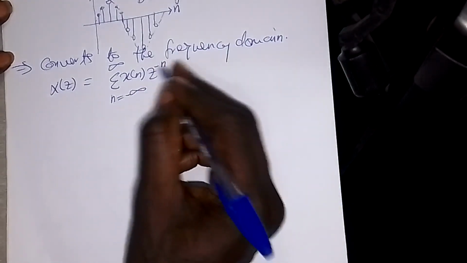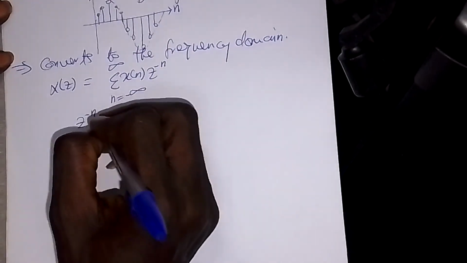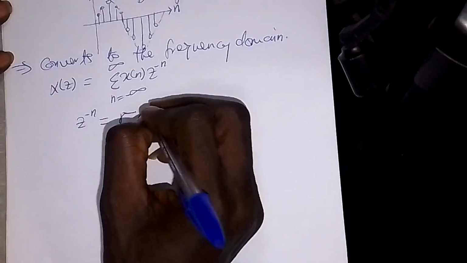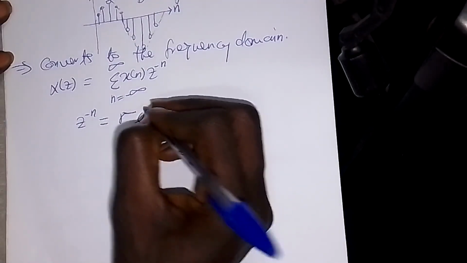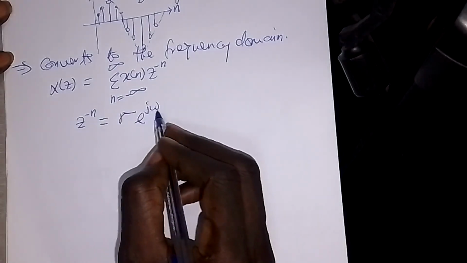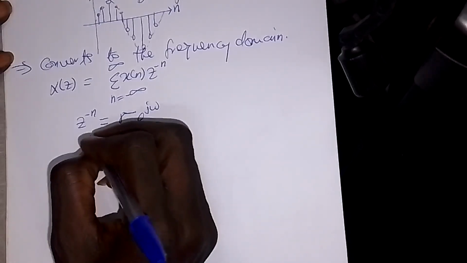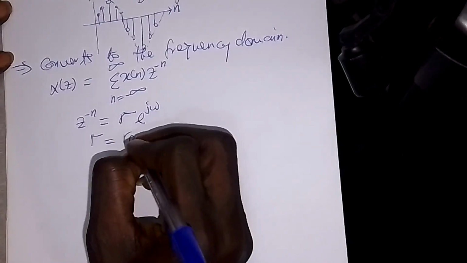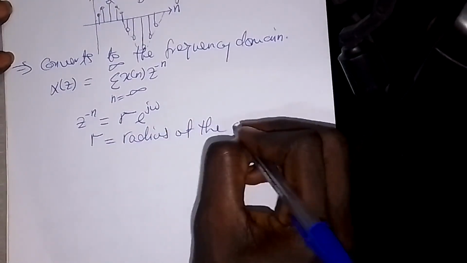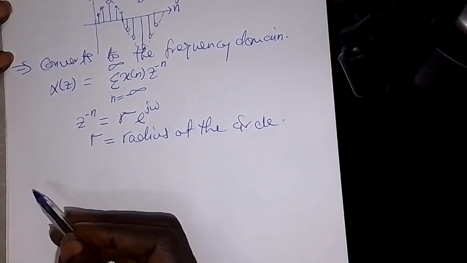This z is a complex variable, which is equal to r e to the j omega. This omega here is the frequency component, and r here is the radius of the circle. Basically this is how it operates.